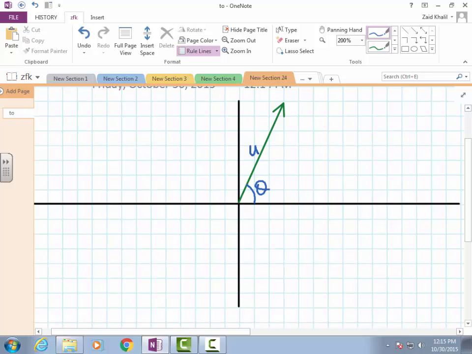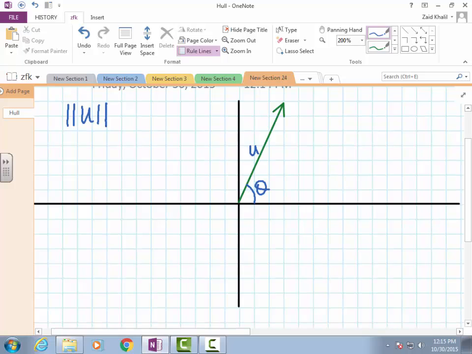How can I actually get the components from that? Anyone? So in other words, I have what the magnitude of u is, and we have what theta is. What can you do?